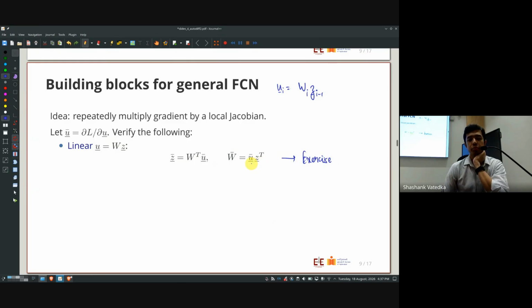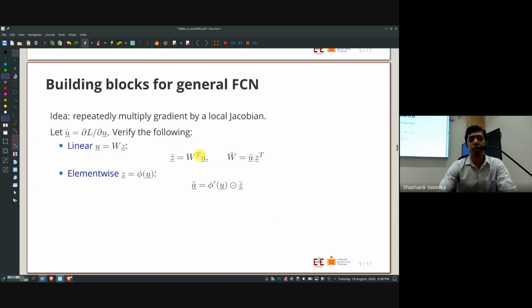Okay, so what you just have to show is that the partial derivative of L with respect to Z of I is equal to the ith row of W transpose, or basically the ith column of W, in a product with the partial derivatives or the Jacobian of U, right?